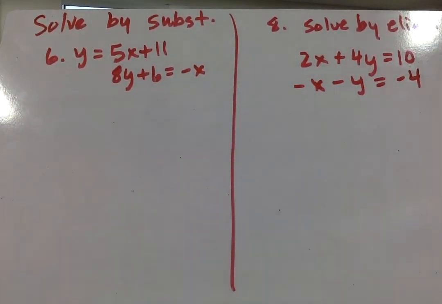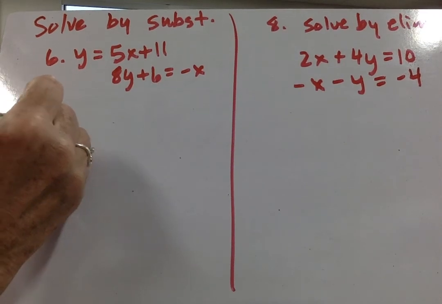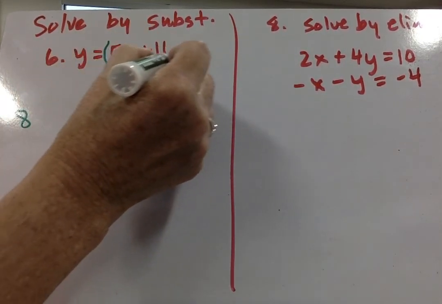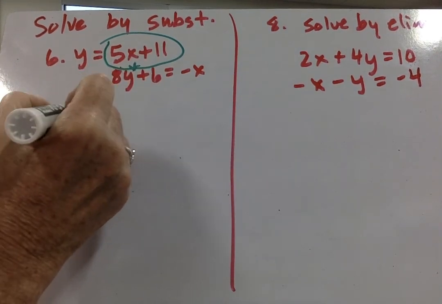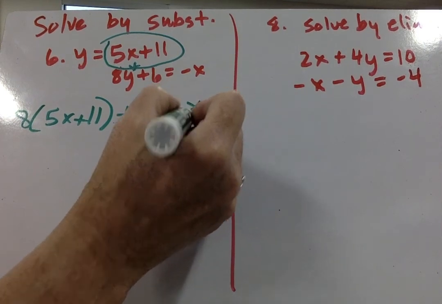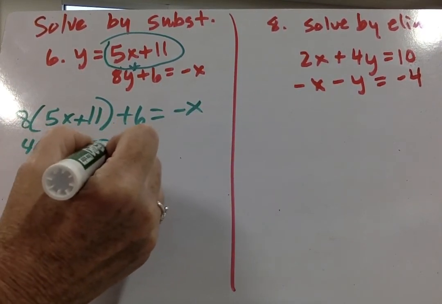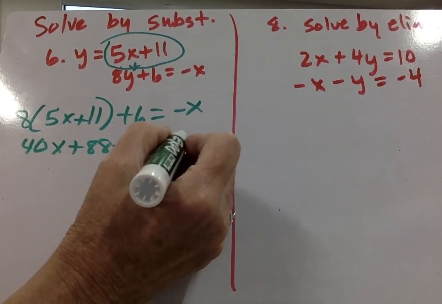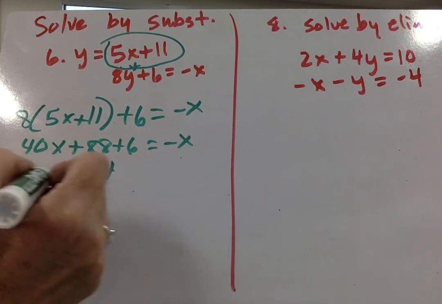Solve by substitution. That just means I'm going to substitute the first one into the second one. So I'm going to go 8, and I'm going to substitute all of that in for that y right there. Times 5x plus 11 plus 6 equals -x. 40x plus 88 plus 6 equals -x. Add these together, I get 94.